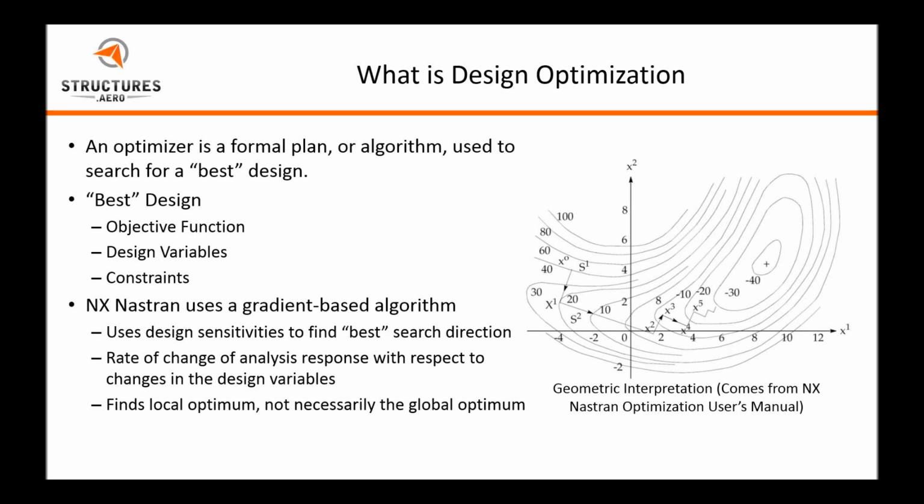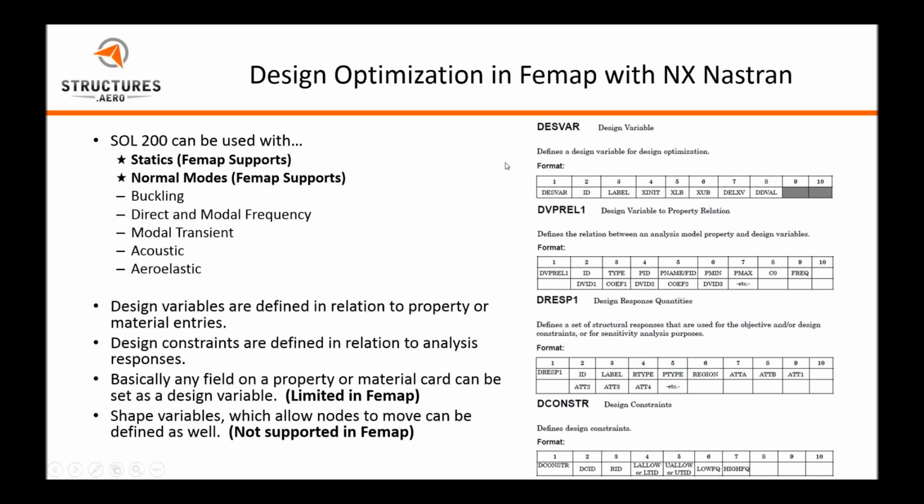This is a cartoon of a linear method. You can actually use a higher order method called sequential quadratic programming in Nastran, which I'll mention briefly. But that's basically what it's doing. It's trying to find and search for the best design within your design space. And it finds a local optimum, which is not necessarily the global optimum. I'll talk about that as we move forward as well.